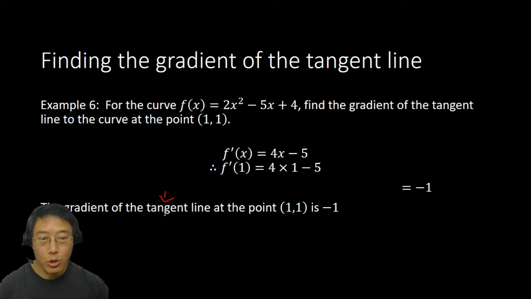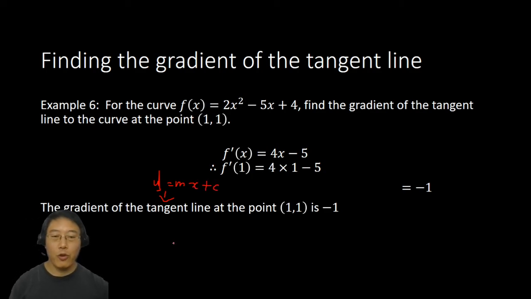The tangent is a straight line, so it's in the form y equals mx plus c. That is what you have for a straight line. For this particular point and this tangent, what is its equation? How do you figure it out? You have the coordinates and you have the gradient of the tangent. Correct? You have the gradient.